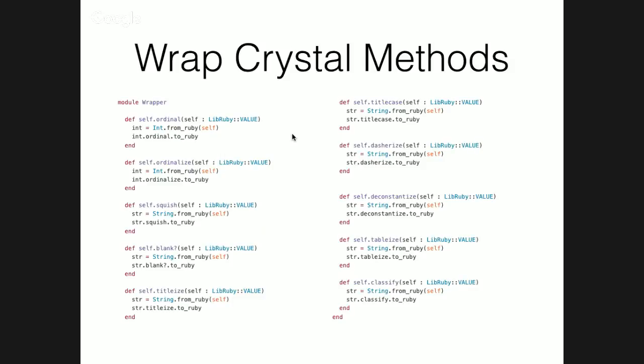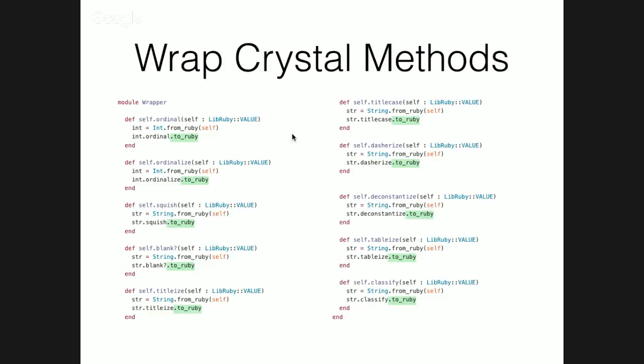So again, here are just some wrapper Crystal methods, and if you can't read them, that's okay. They all pretty much do the exact same thing. The first step is they convert from a Ruby type to a Crystal type. They just create a string. The second is they just call a method on the string. And the third step is they convert it back to Ruby. They all look pretty much the same.